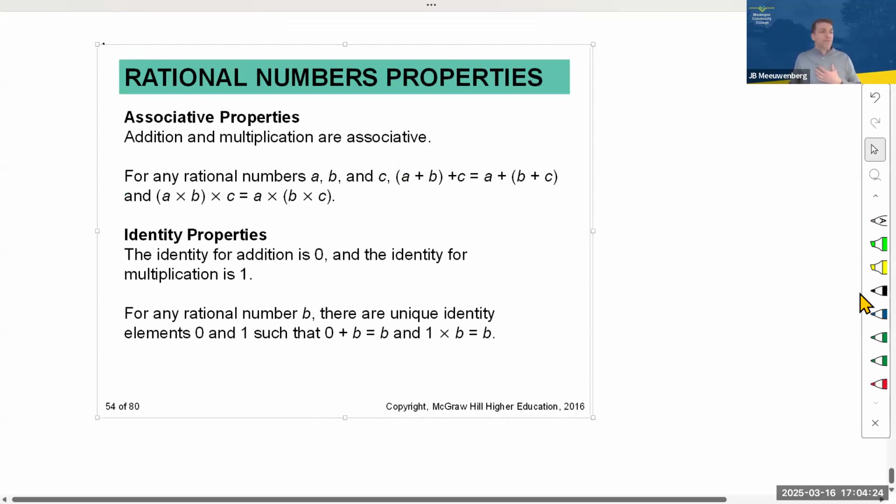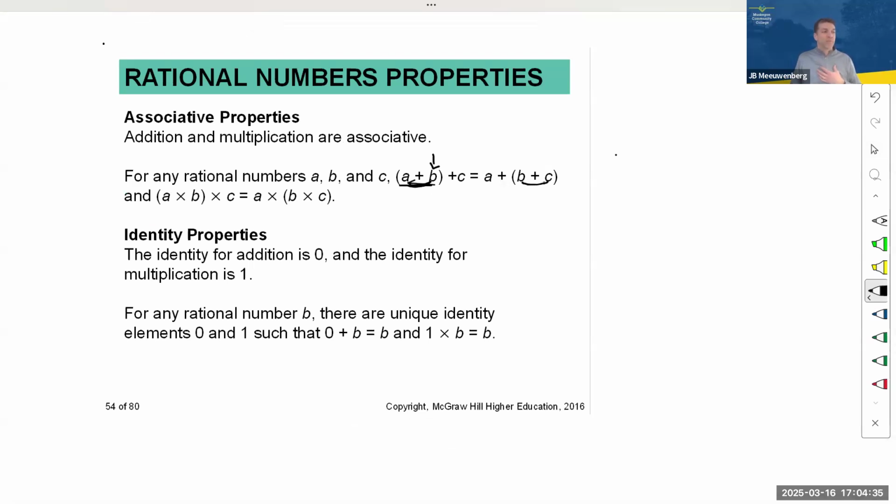If you're this middle number, A, B, and C, do you want to get added to A or do you want to get added to C? Right? So you can add A plus B or B plus C and then add the other number and it's still going to be the same. That's true for both addition and also multiplication. So rational numbers are associative.